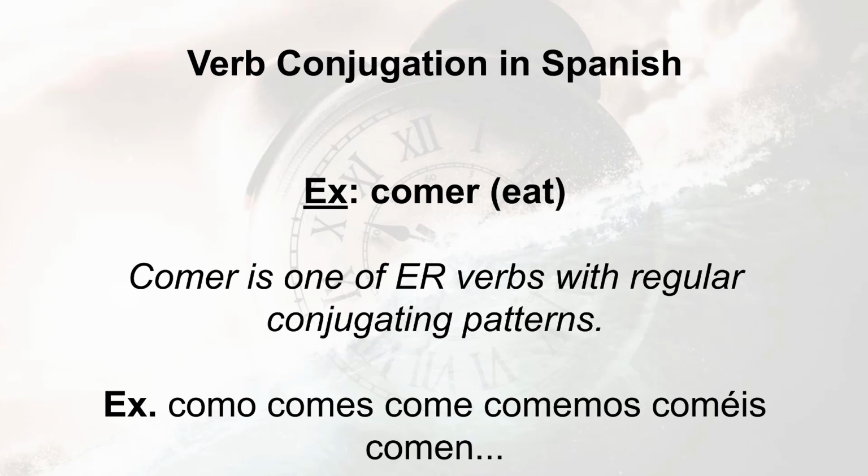If you remember from previous modules, comer is an ER verb with regular conjugating patterns. For a quick review, the present tense of comer is como, comes, come, comemos, coméis, comen.